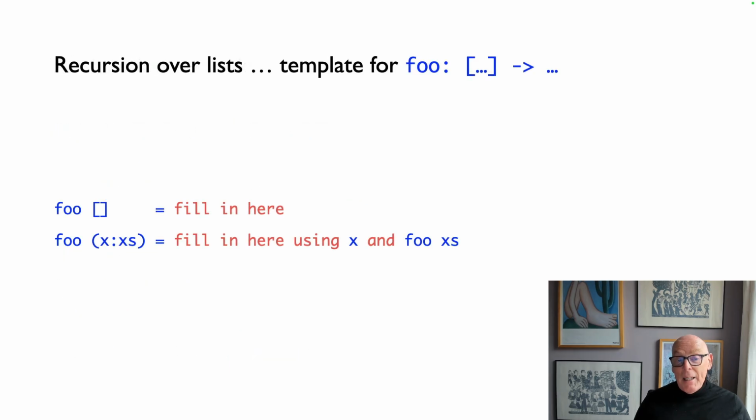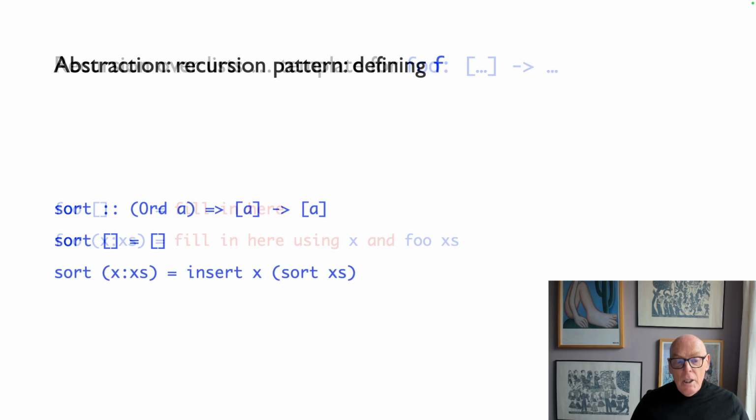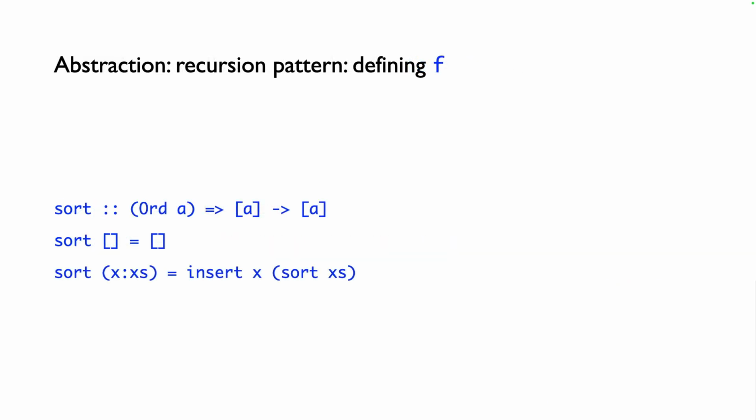Now, in general, the pattern for recursion over lists is something like this. It says to define foo, give a value for the empty list, and then give a value for the non-empty list, x cons x's, using the value x and foo of x's. So in terms of the sort function, the value at the empty list is here the empty list, and the way we use x and sort x's is that we apply the function insert to them.